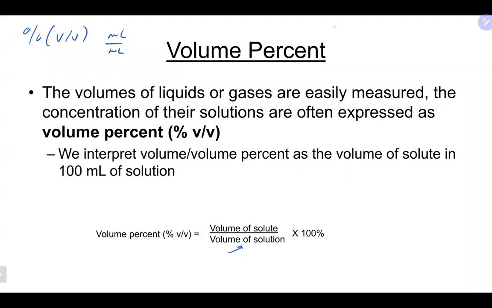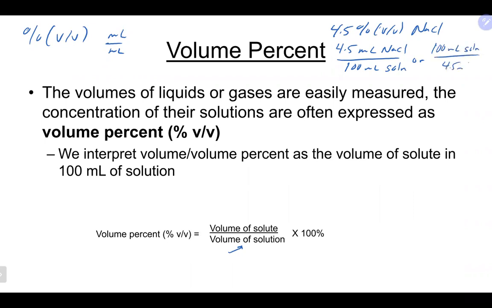Again, if you had a 4.5% by volume sodium chloride solution, you can turn it into a usable conversion factor by saying 4.5 milliliters of sodium chloride in 100 milliliters of solution. Or you could use it the opposite way: 100 milliliters of solution is 4.5 milliliters of sodium chloride.